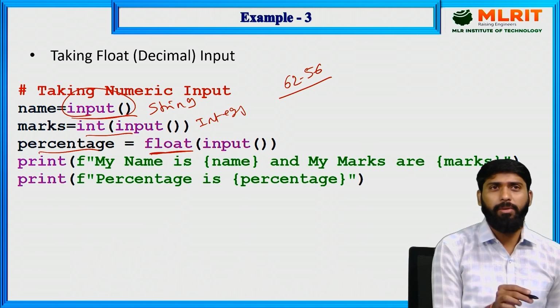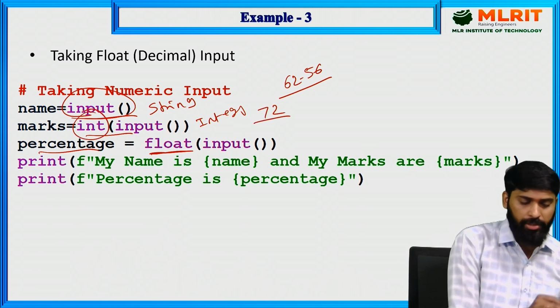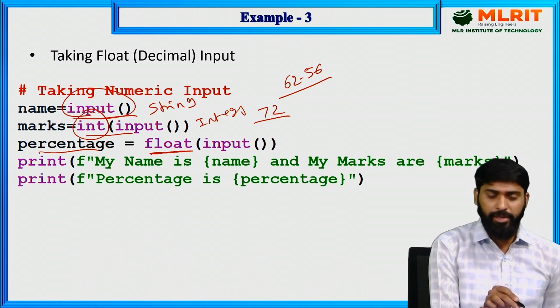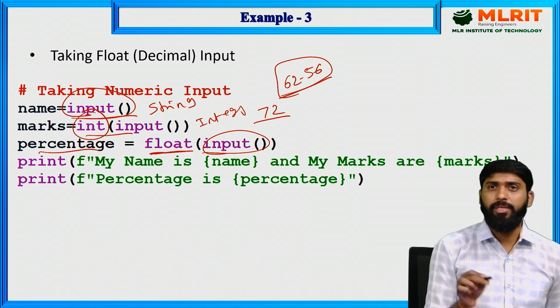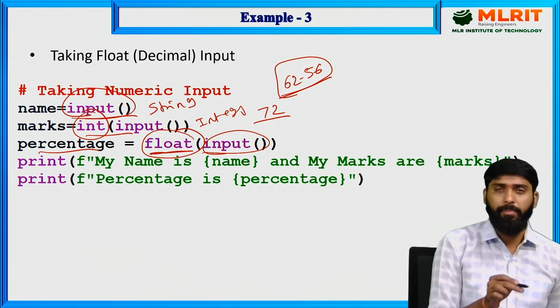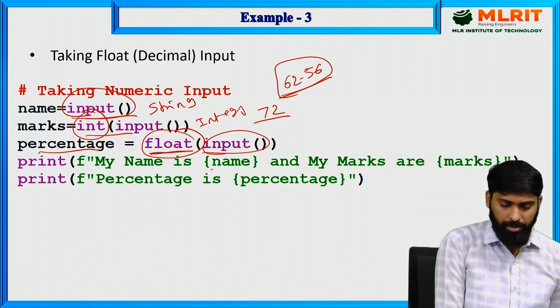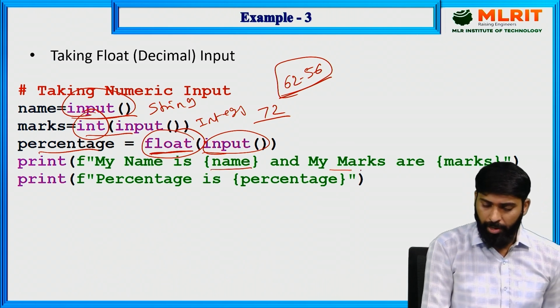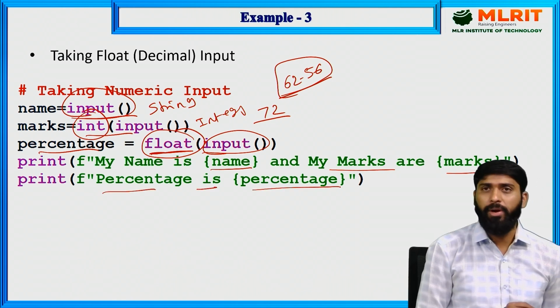But coming to marks, marks are integer, so I use the int function. I am converting the string into integer. Here I enter 62.56, that is a float value that I want to convert into float. So here I mentioned float. Now I am going to print my name is K Varada Rajkumar and my marks are 72. Next line I print percentage is 62.56.